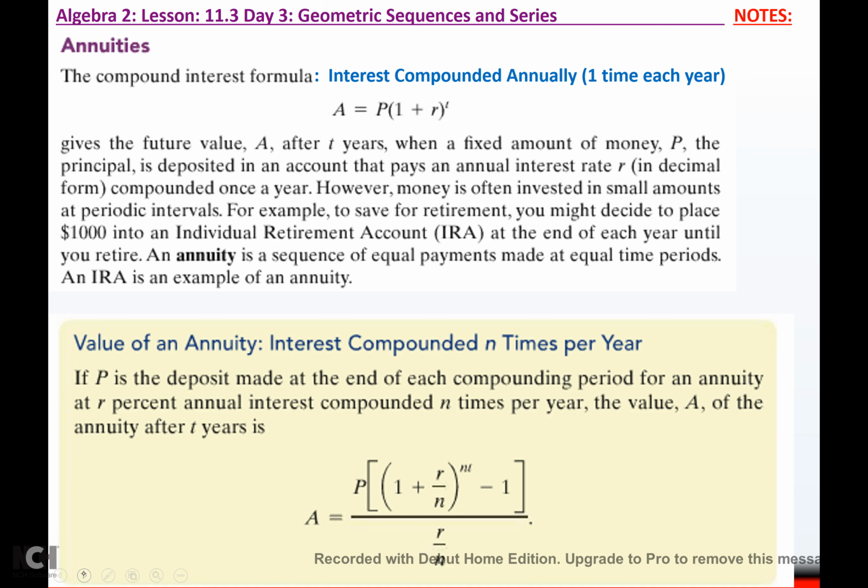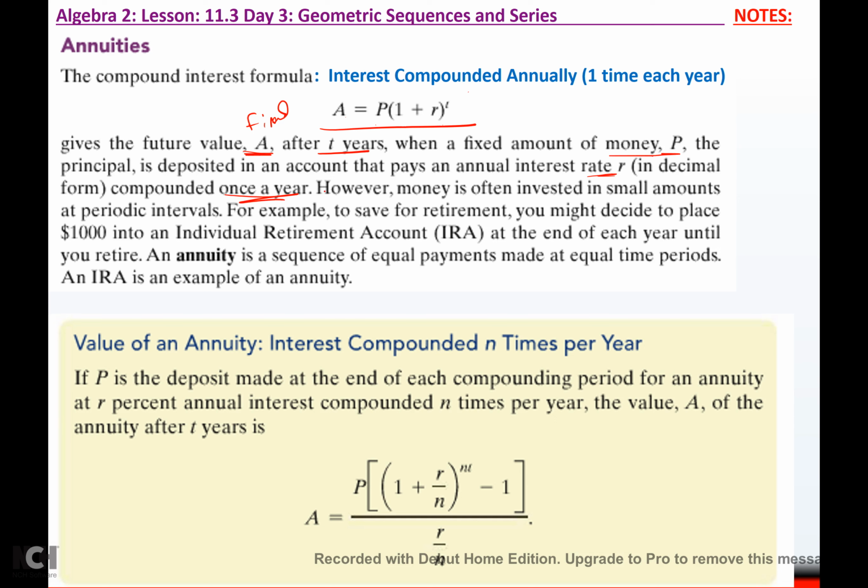Alright. Annuities. The compound interest formula, which means compounding once a year, is A equals P times 1 plus r to the t. It gives the future value A, in other words, the final amount, after t years, when a fixed amount of money, your principal, is deposited in an account that pays an annual interest rate r in decimal form, compounded once a year.